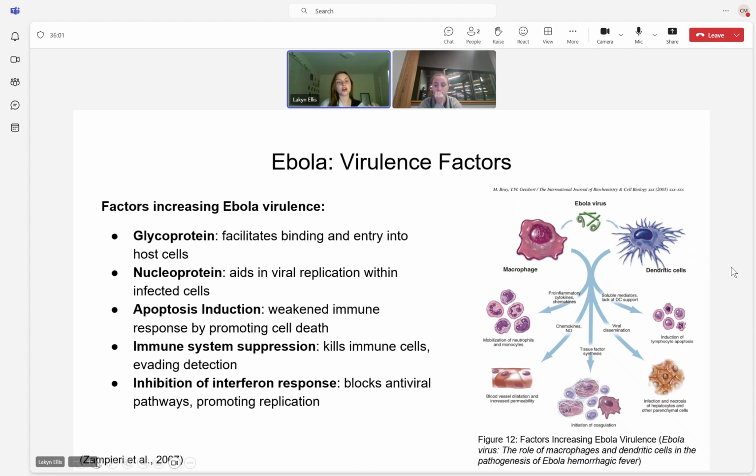And then through apoptosis induction, they weaken the immune response by promoting cell death. And then through immune system suppression, the virus kills immune cells, evading detection. And then inhibition of interferon response basically blocks antiviral pathways, promoting replication.